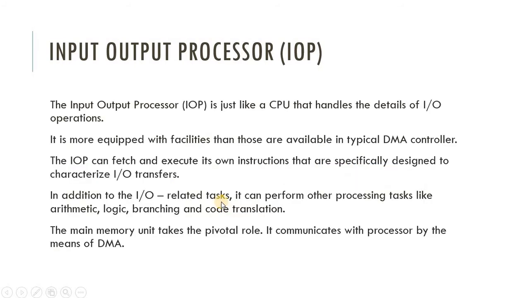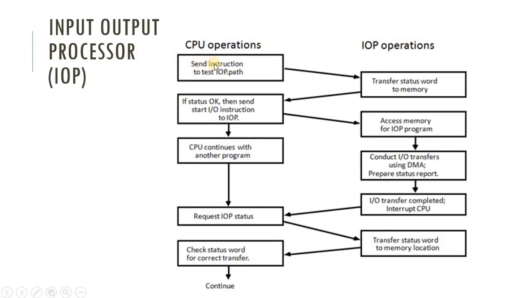First, the CPU sends an instruction to test the IO path. It may be possible that the IO processor is busy or in an overloaded state. At that time the CPU first checks whether the IO processor is available or not. For that, the CPU sends the test instruction to the IO processor.